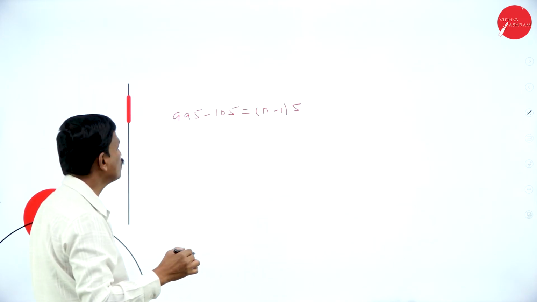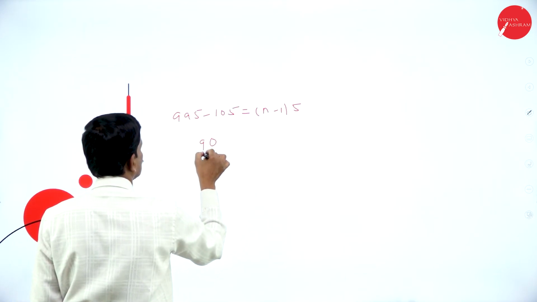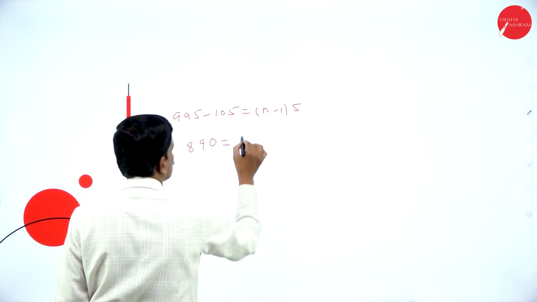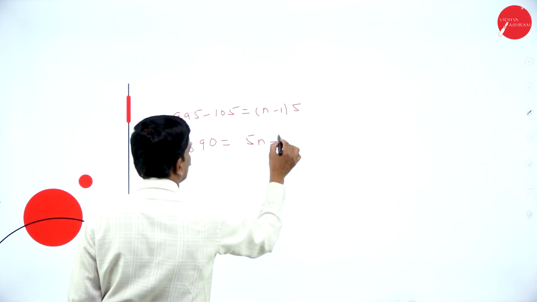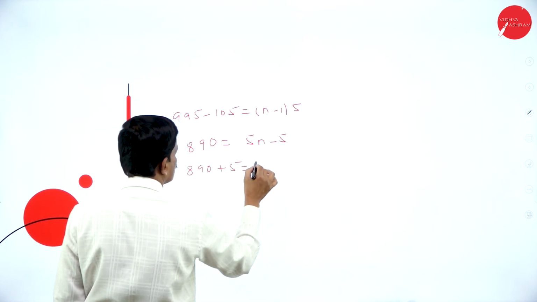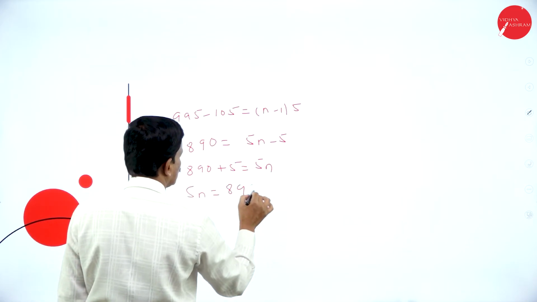So 995 minus 105 is 890. Just multiply it: 5n minus 5. Transfer this: 890 plus 5 is equal to 5 times n. So 5n is equal to 895.